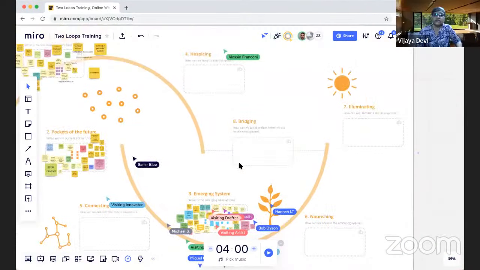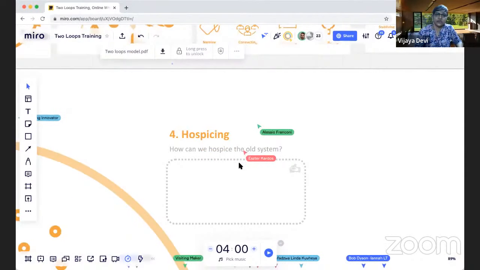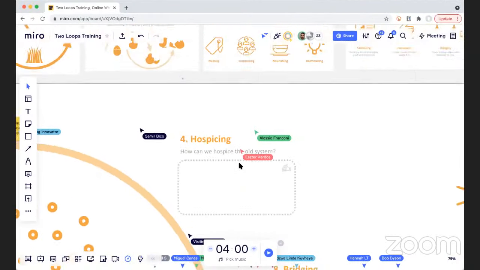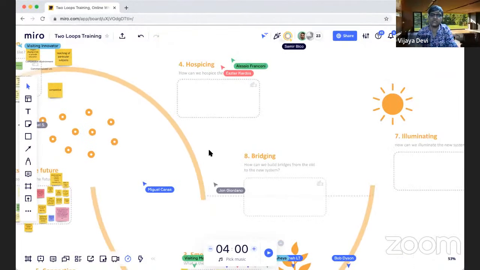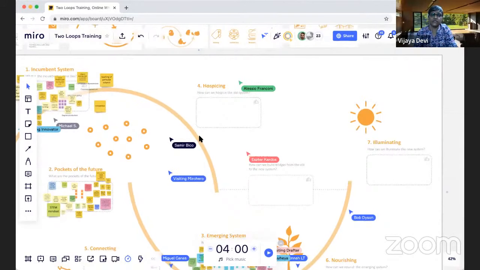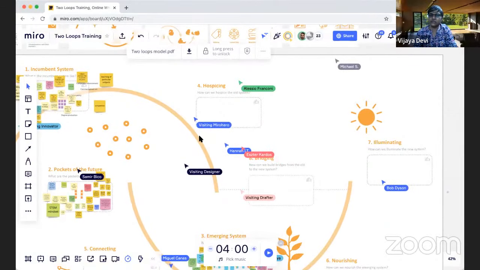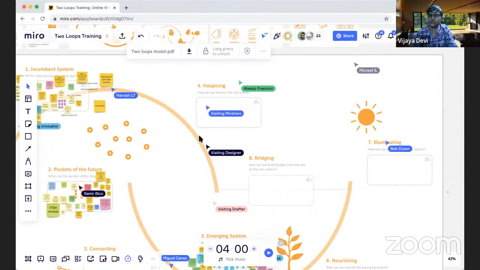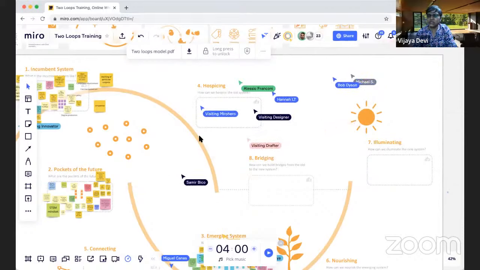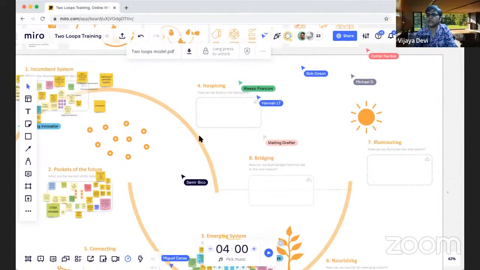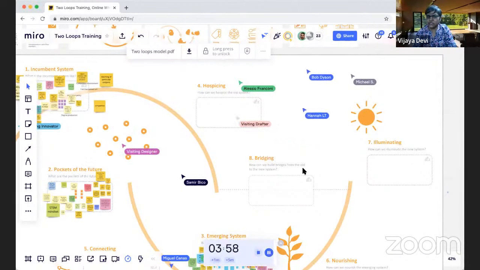Yeah. So we are looking at the top curve once again. And the way the curve looks, it's bending down, which means the existing system is on the decline. When a system is on the decline, the resources need to be released to the broader system, and the members of the system, and even sometimes the organization, need hospicing, which means the members need tending to in their emotional and spiritual needs.